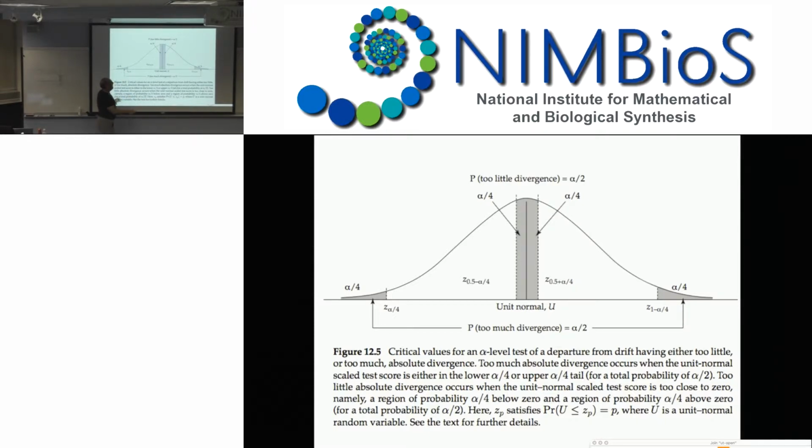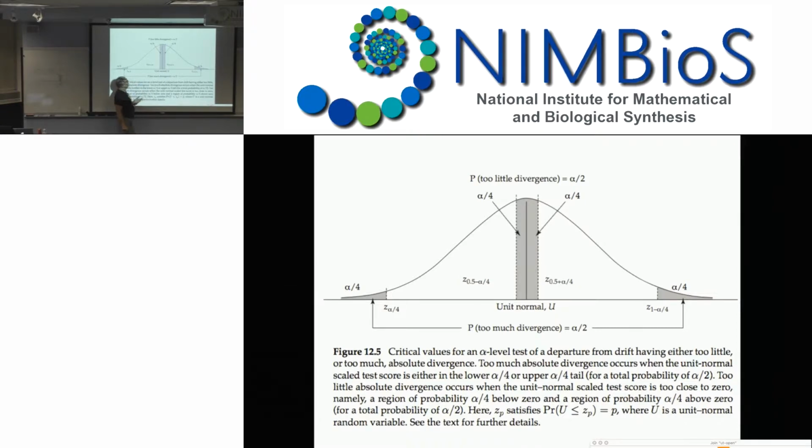But Turelli also pointed out that a more reasonable test is whether the divergence is abnormal relative to drift. That could mean too large, or it could also mean too small. In here, where these areas are alpha over 4, if you sum these four areas, you get alpha.